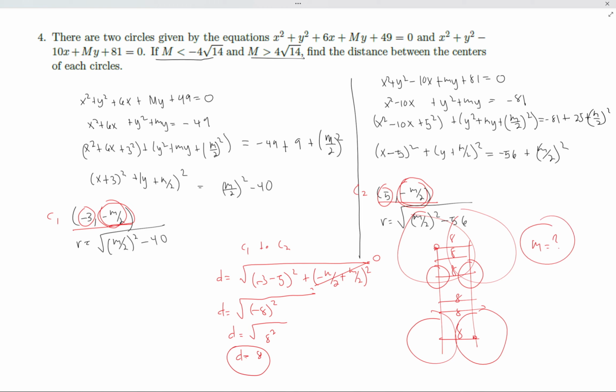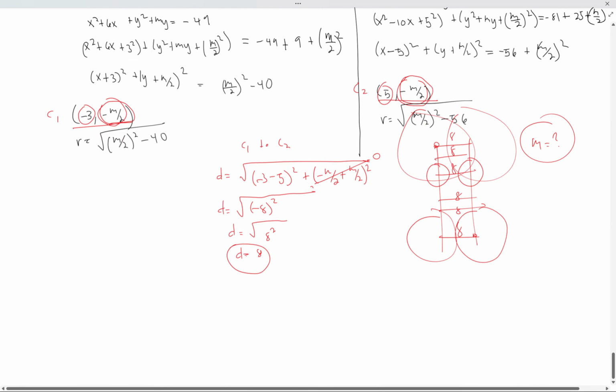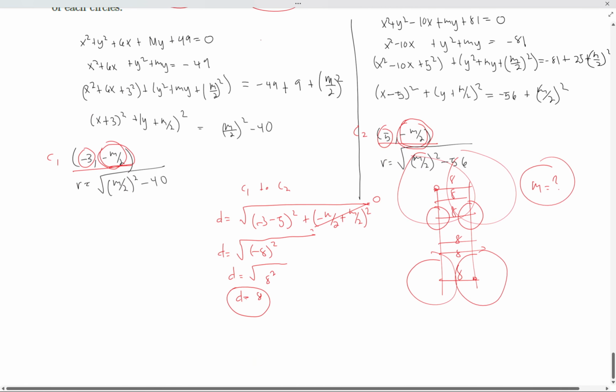Okay, now you might notice we have these inequalities right here. What it really means is that it's a restriction on the radius of the circles. So for circles 1 and 2, we have to look at which one of them will become invalid first, depending on the value of m.